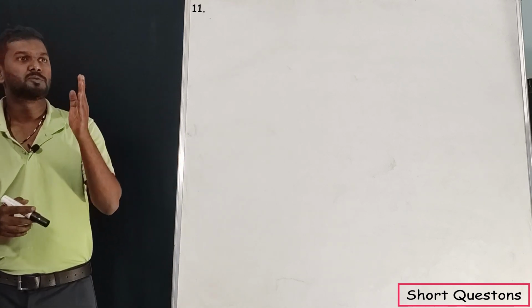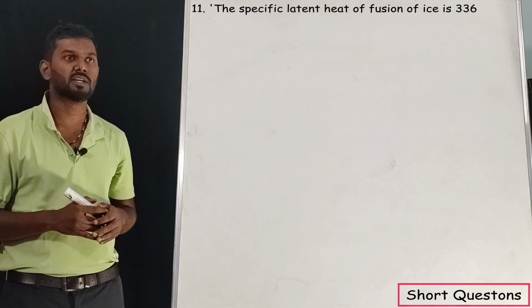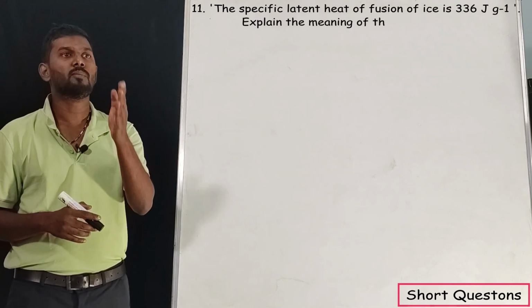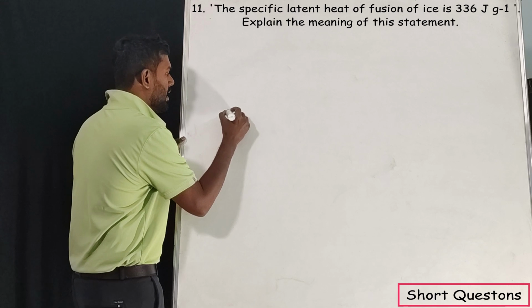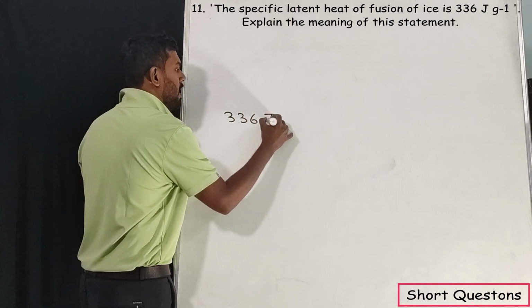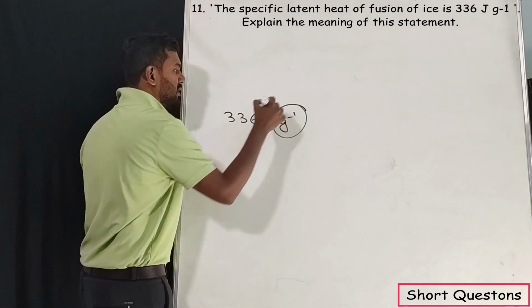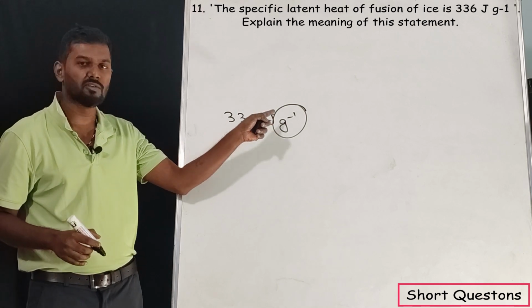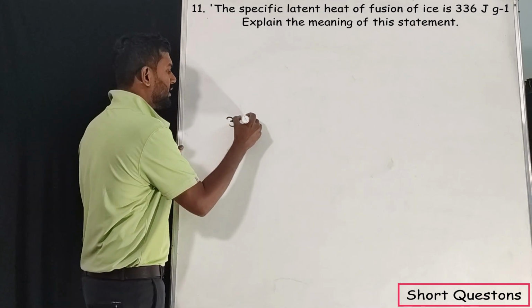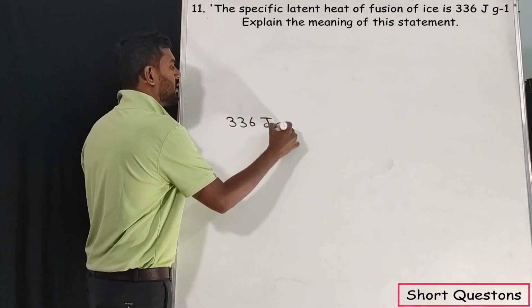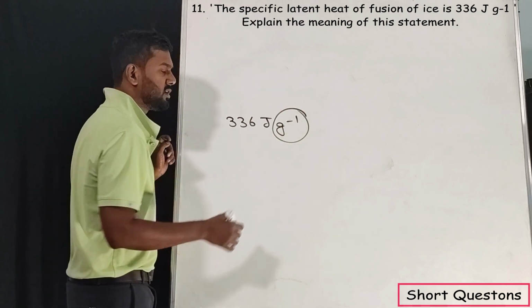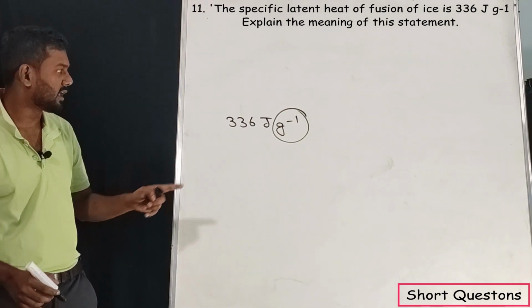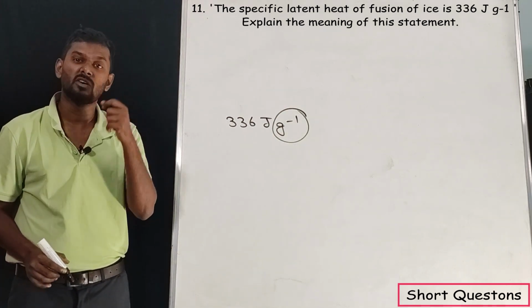Our next question: specific latent heat of fusion of ice is 336. The unit is given in terms of gram. This is very much important. If this unit is given in terms of kg... Here it is 336 joules per gram. This question is talking about gram, correct? So we have to answer in terms of gram only.